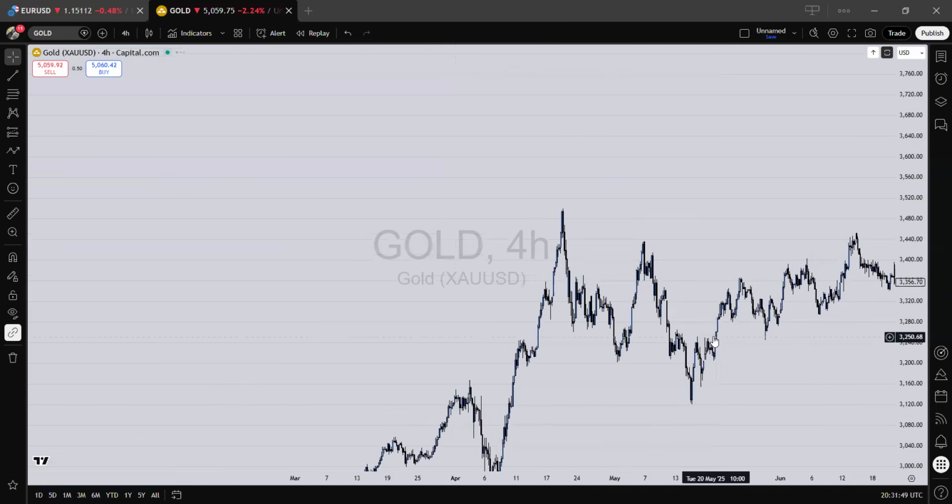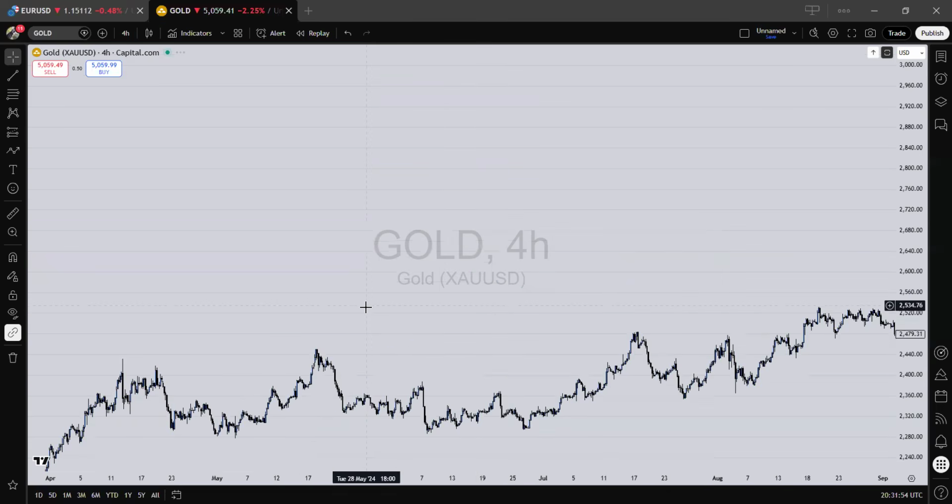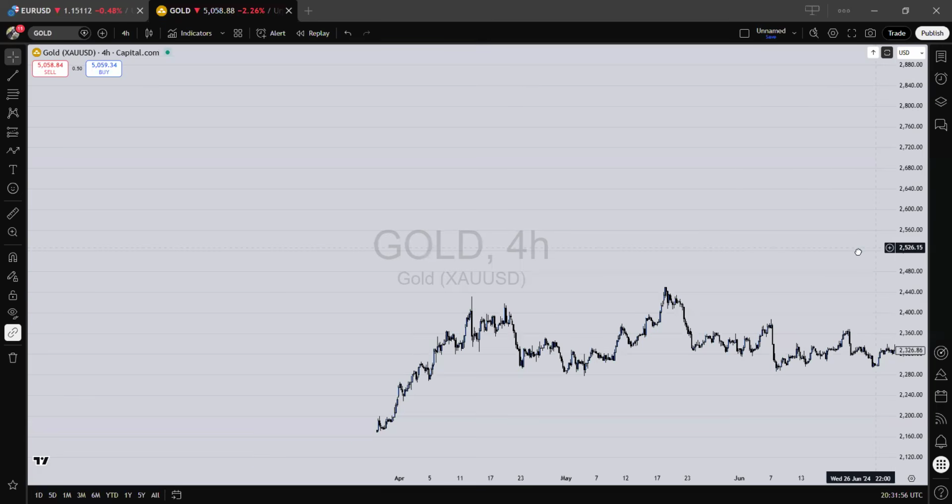You go way back to 2014 price action. You will understand that there are some particular places that price gets to and reacts and retraces.